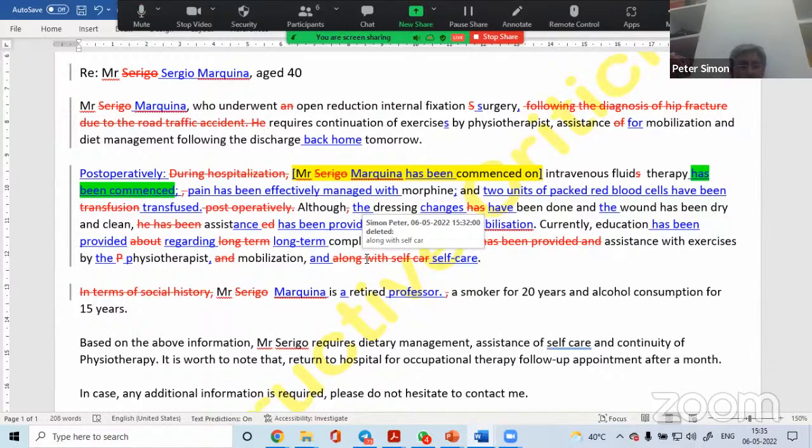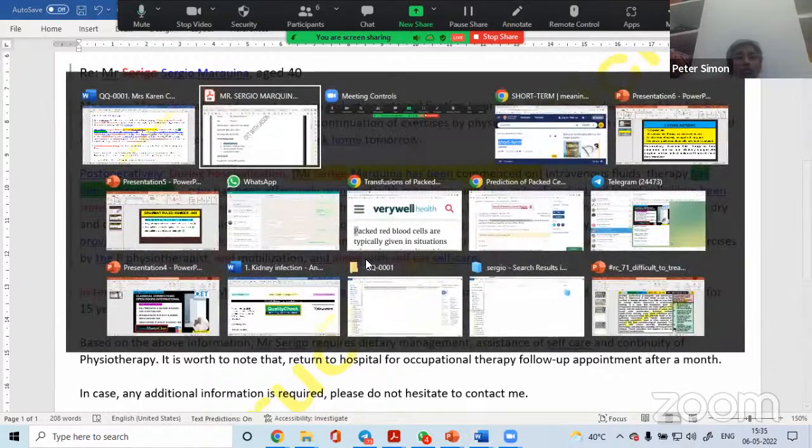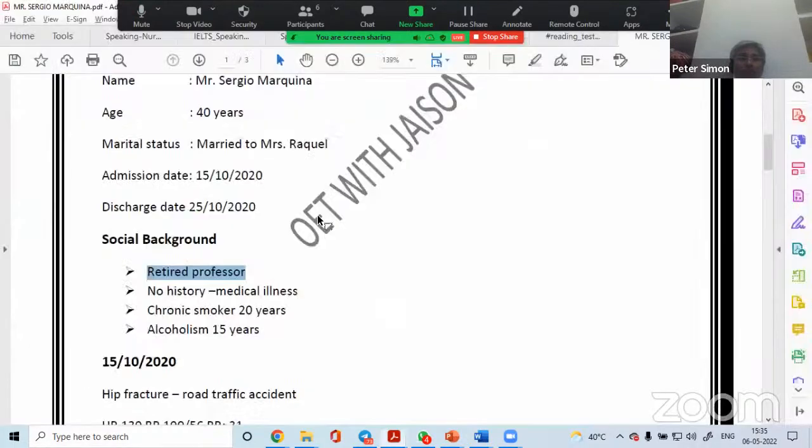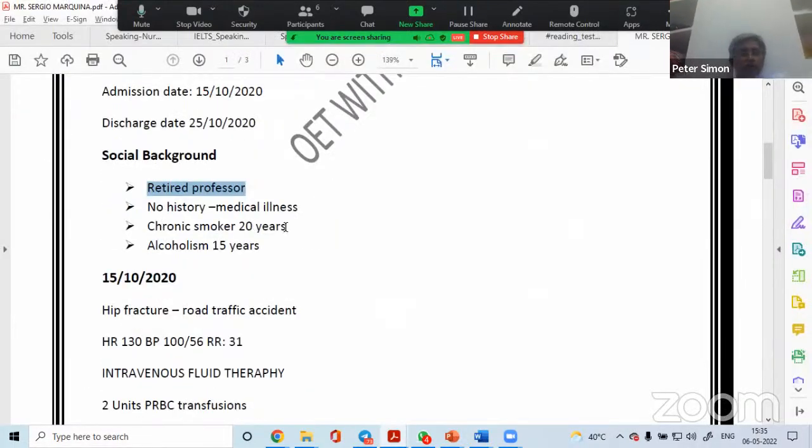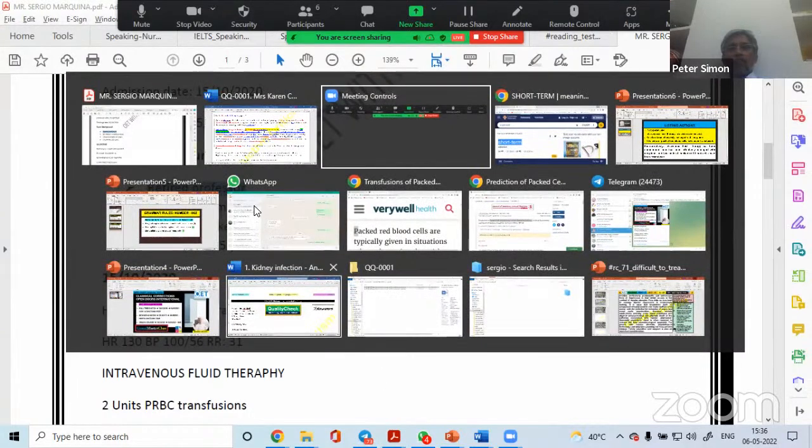Smoker for 20 years? No way. Don't do that. Chronic smoker. Even in the case notes it says chronic smoker, but you cannot write that. Don't say smoker, he will be offended. For 20 years.